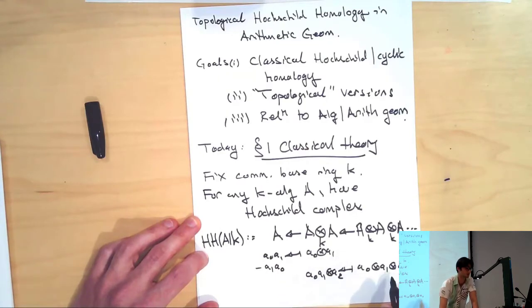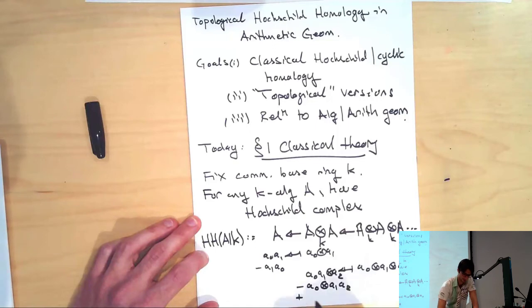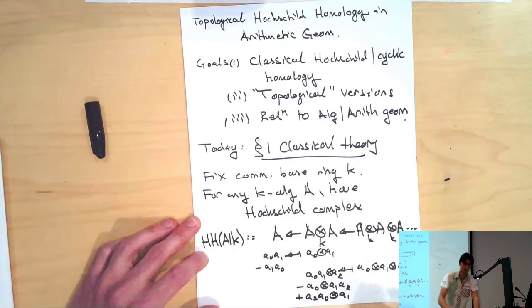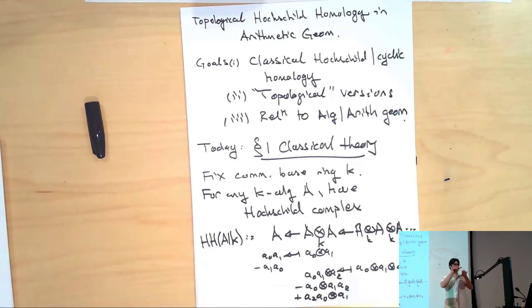Then I multiply the next 2, that is to say a1 and a2, and I subtract that off. That's a0 tensor a1 a2. And finally I bring the last term, the a2, round to the front with the right sign, a2 a0 tensor a1. And so I continue in this way, always multiplying together adjacent elements, including the last term by the first term, and I add them up in an alternating fashion.